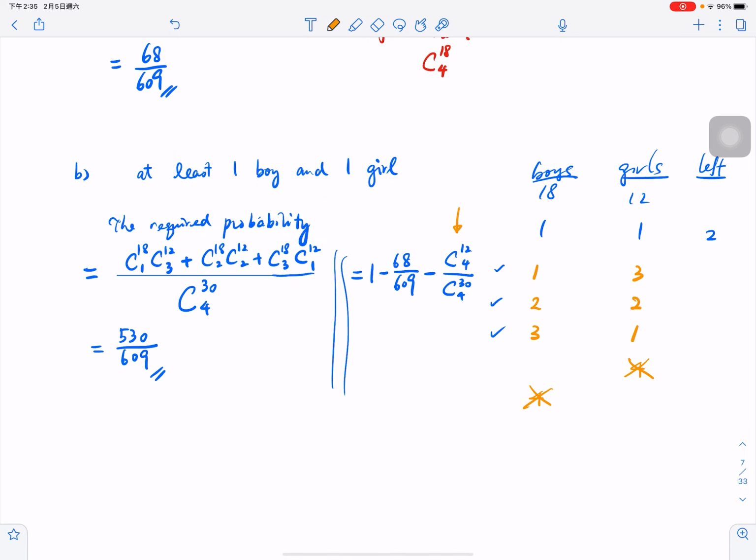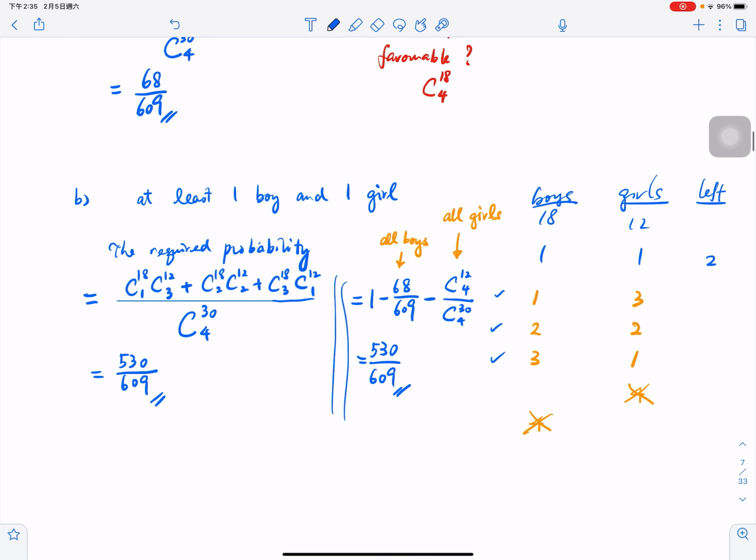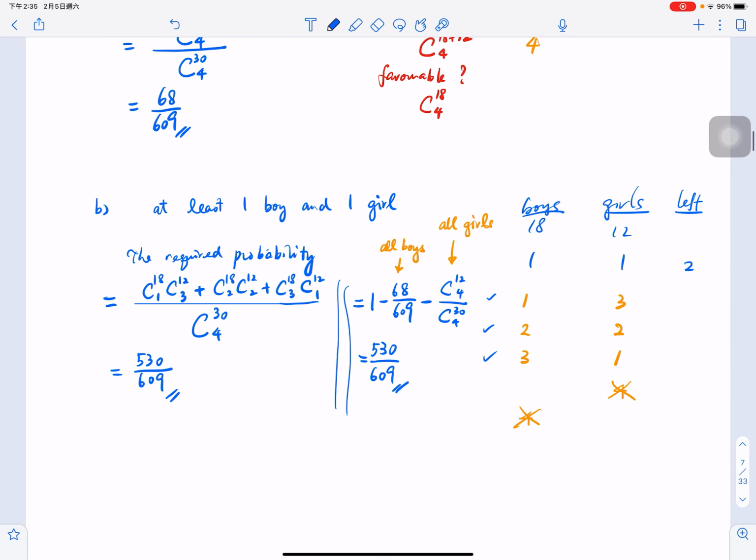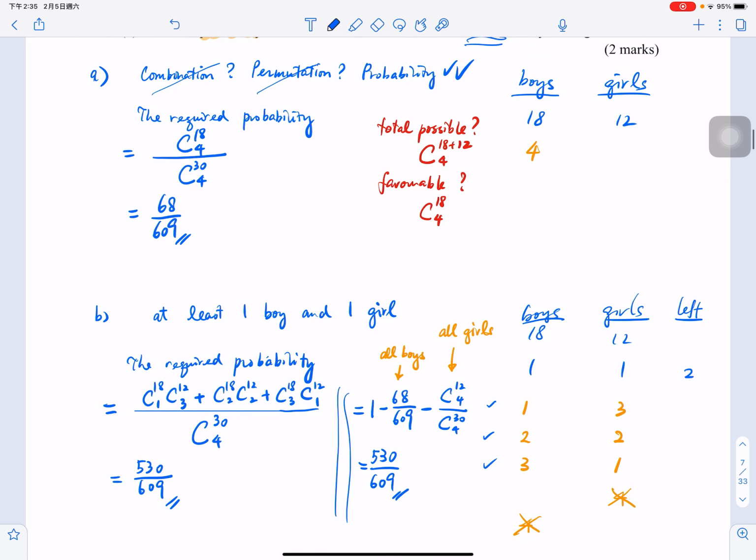This one is all girls, and this one is part A, all boys. If you subtract these 2 probabilities, you also get 530 over 609. Understand? Clear? So hope you can use the combination to help you find out the probability.